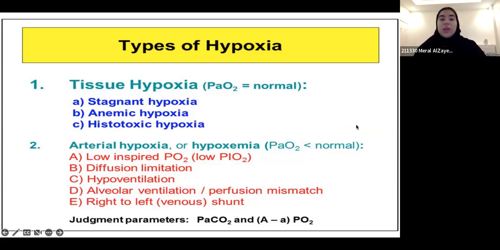So, moving on to hypoxemia. What are the causes of hypoxemia? First, we have low inspired oxygen. When we have low inspired oxygen, this means not enough oxygen is being breathed in. This occurs at high altitudes, where the low atmospheric pressure and low partial pressure of oxygen cause decreased alveolar oxygen levels and eventually decreased arterial oxygen levels.